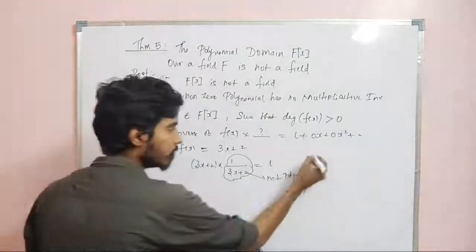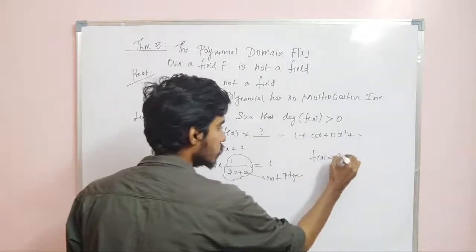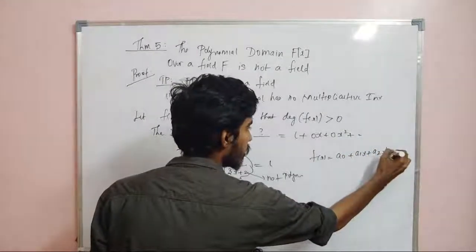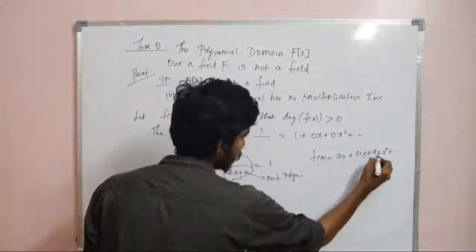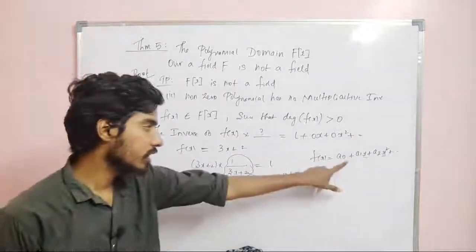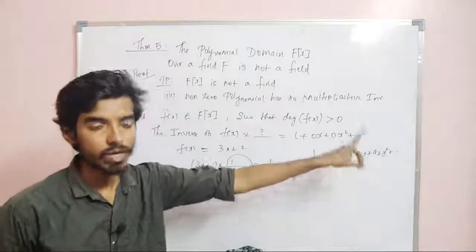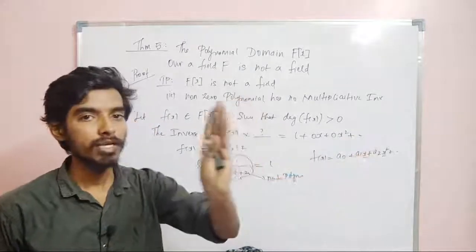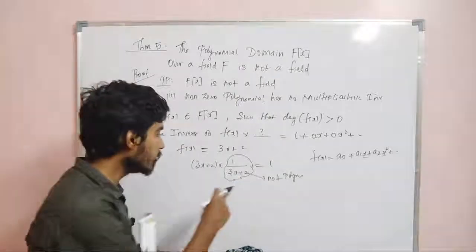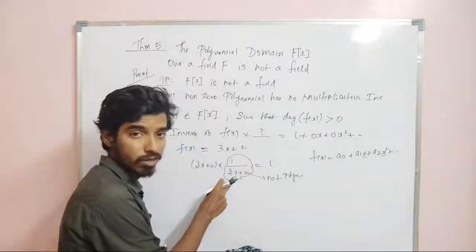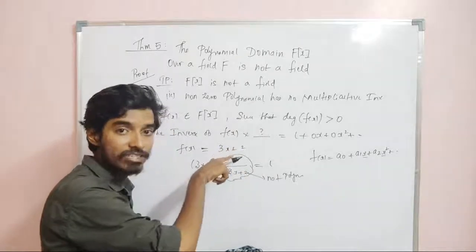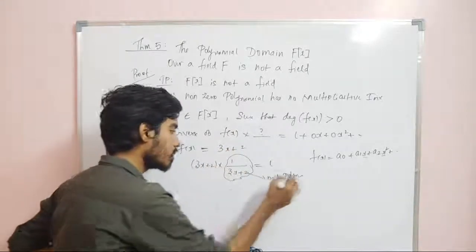Because polynomial means f(x) equals a0 plus a1x plus a2x squared and so on. The powers of x should be 0, 1, 2, 3. But here, if you take it above, the power will be minus 1. Therefore, this is not a polynomial.